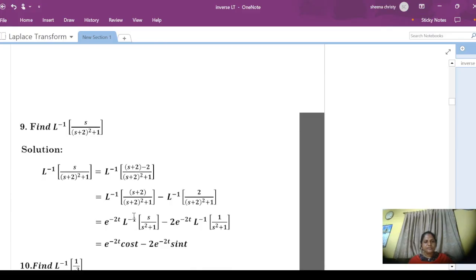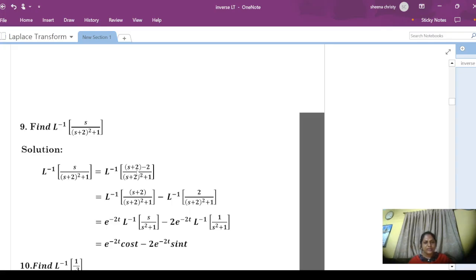Now the next problem, find L inverse of s by (s plus 2) the whole square plus 1. Here in the numerator you only have s, but in the denominator you have s plus 2. So to make it in that form, in the numerator we are going to add and subtract 2.